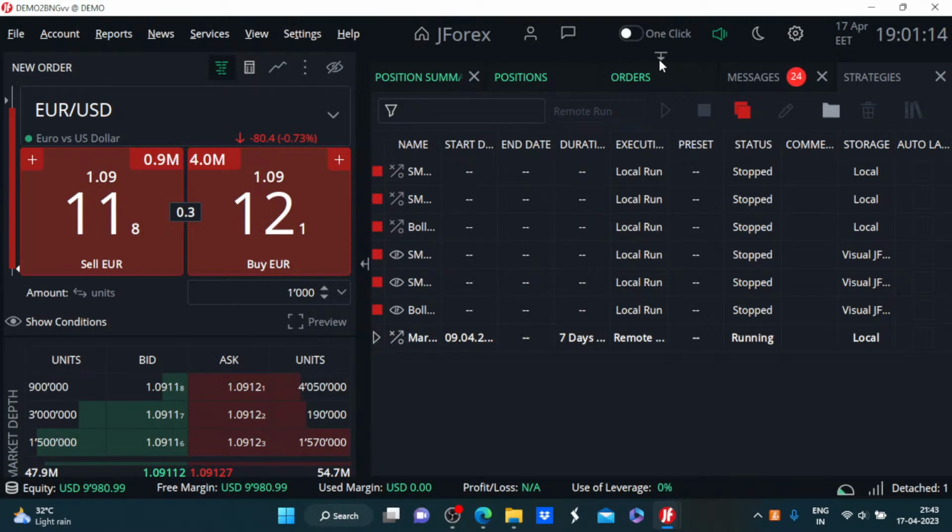I think there is some issue with that chart.